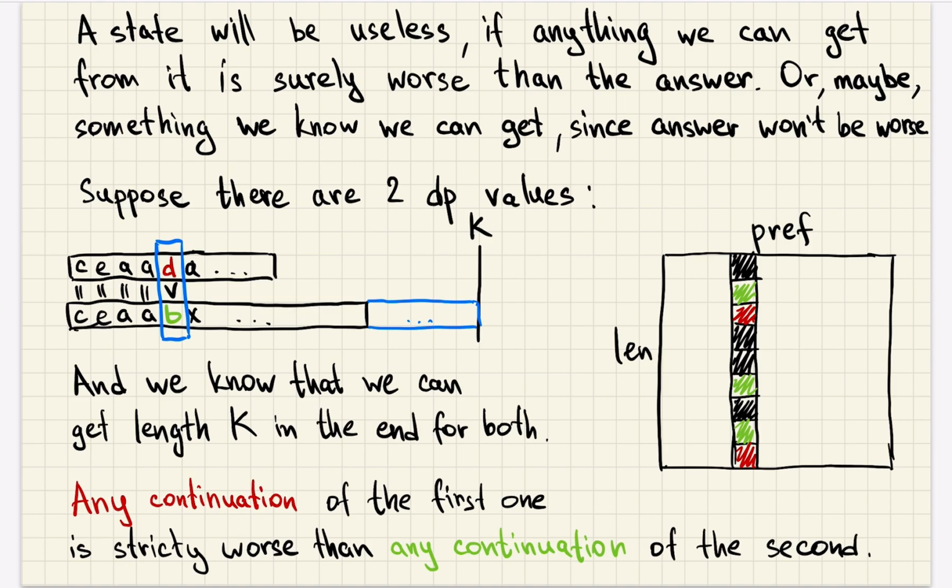So suppose we have two DP values. So for two states, there are some strings stored in them, and their LCP, longest common prefix, is shorter than both strings. So we have equal, equal, equal, equal, but then not equal letters.